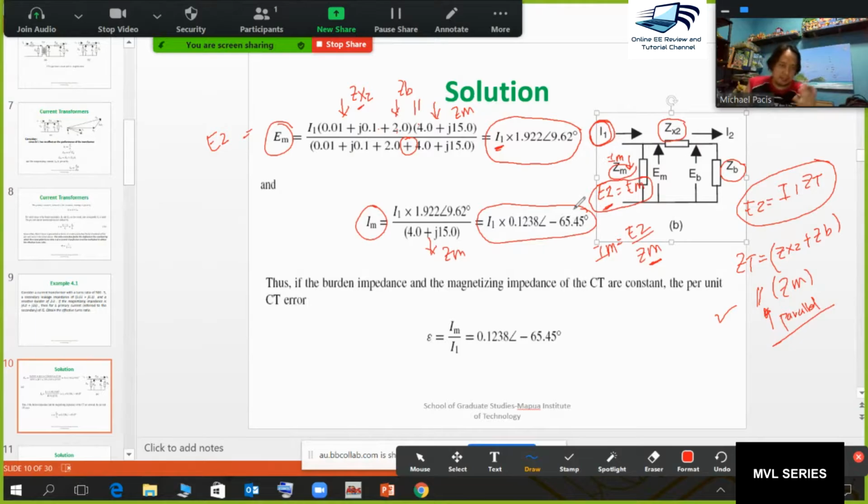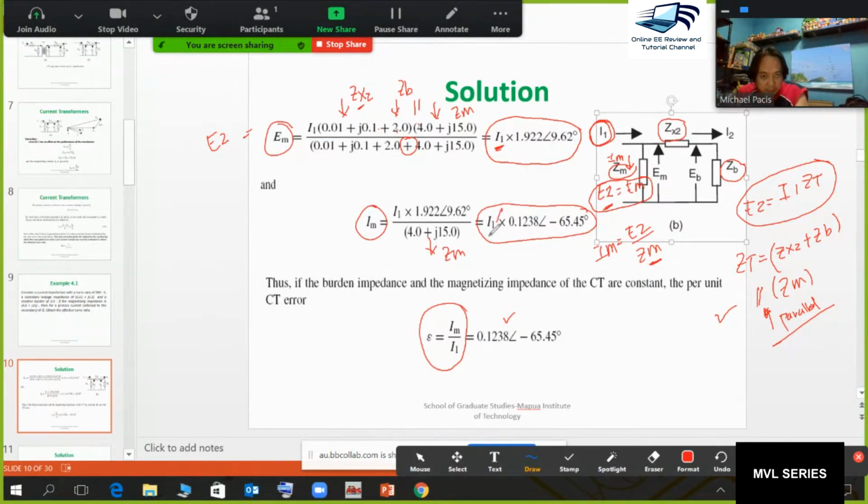This is in terms of I1 because at the end of the day, you can cancel I1 to get the error. This is what we have discussed from our previous slide, that you can get the error by having IM over I1. So definitely I1 will cancel out, leaving behind 0.12, because IM is I1 times this value, right?